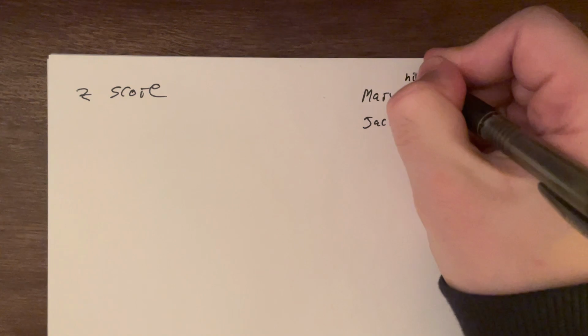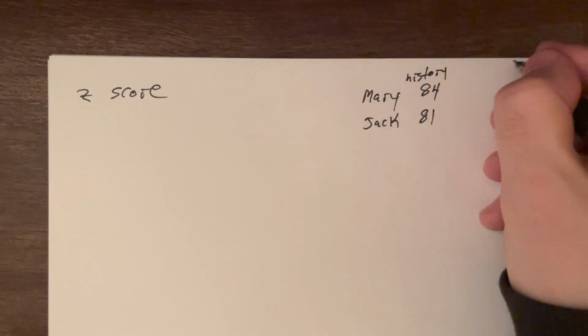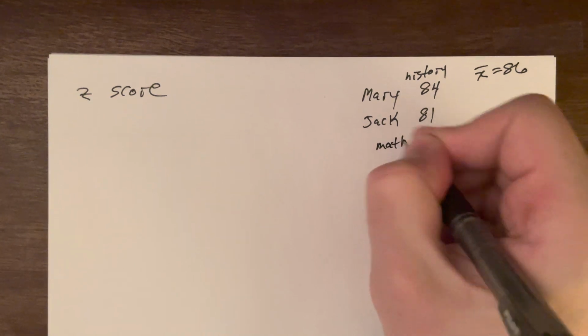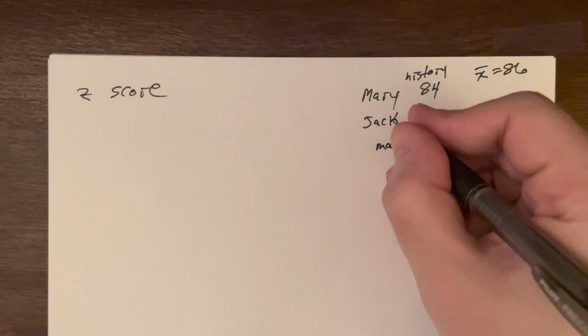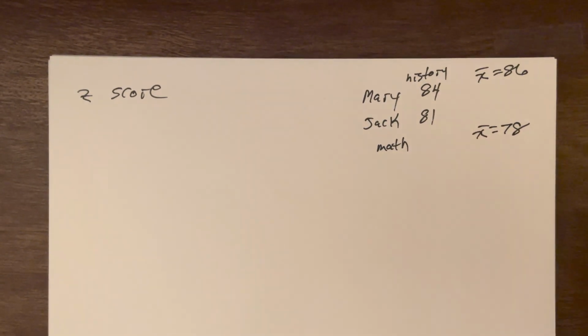Let's just make this up, this is a history class. Mary got an 84, but in her history class, the average grade was an 86. Jack is in a math class, and on this math test, the average grade was a 78.